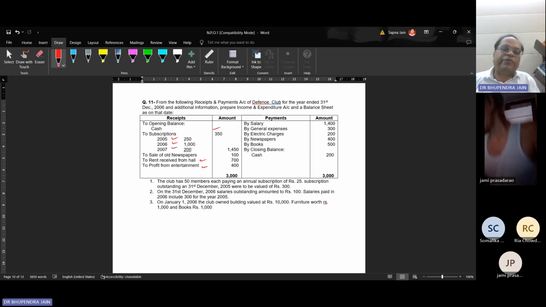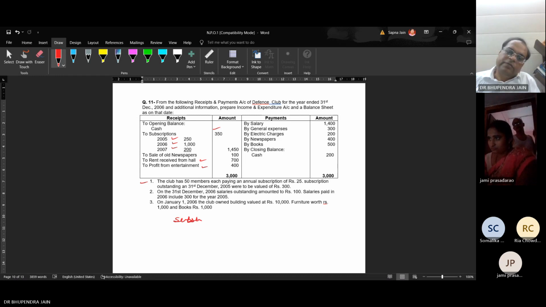Now read statement number first. The club has 50 members, each paying an annual subscription of rupees 25. Then how much total subscription? इस केस में कैसे करते हैं बेटे, 50 into 25.